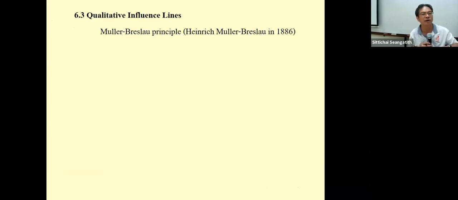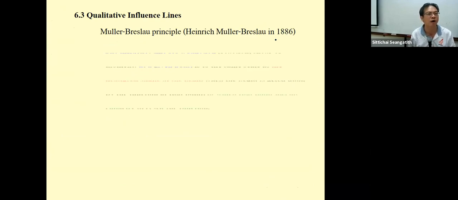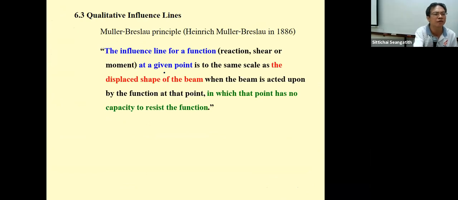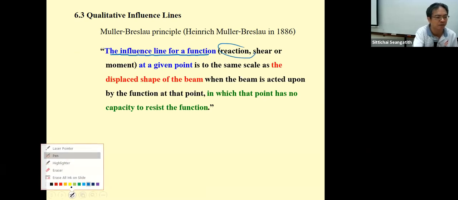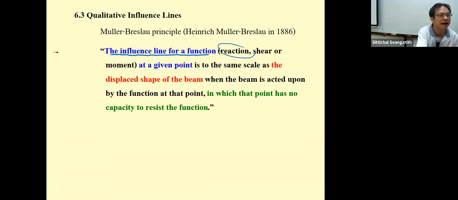And then we come to the Müller-Breslau principle. Heinrich Müller-Breslau in 1886 proposed a method for when we like to draw the influence line for a function, for example, the reaction. Let me have the beam as before.